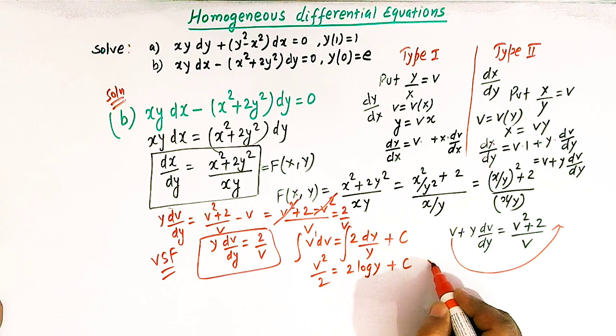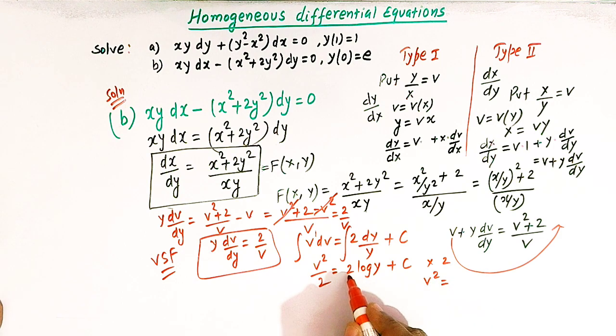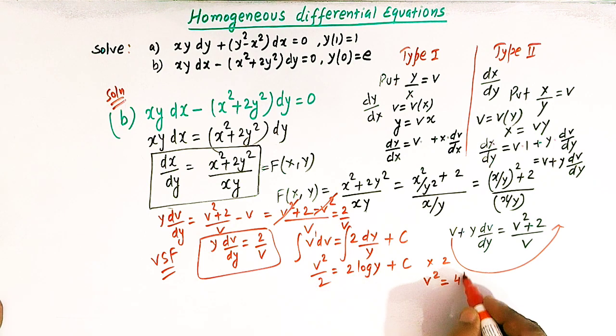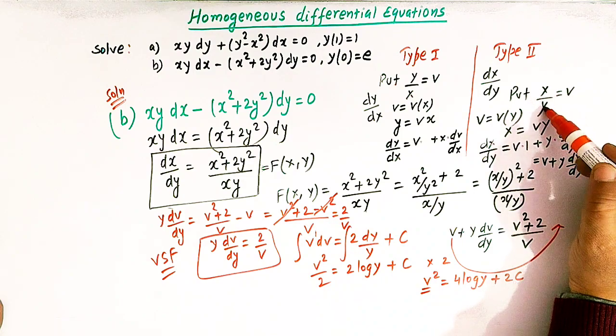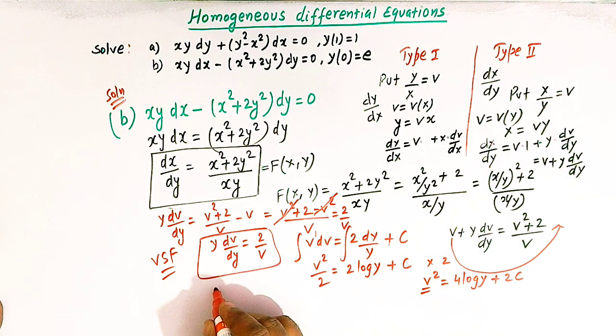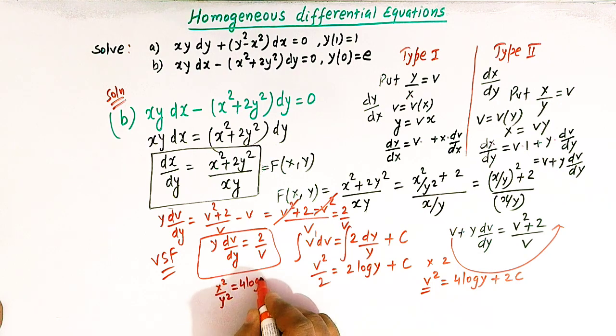Now multiplying this equation throughout by 2, we have simply v square. Here we have 4 times log of y, and here we have 2c. Now let us replace this v by x over y. So now we have here x square over y square is equal to 4 times log of y plus c.